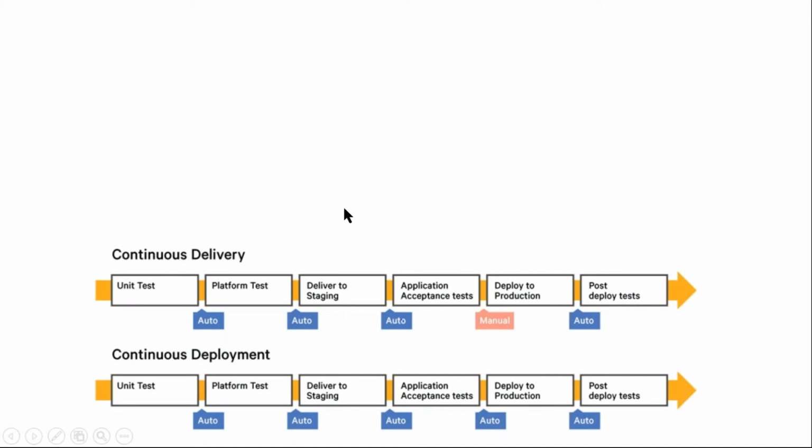So when we come to Jenkins, we understand what continuous integration, continuous delivery, and continuous deployment are. Here is one small picture to understand the difference between continuous delivery and continuous deployment. If you take this first picture: unit testing, platform testing, delivery stage. Between one test and the next, there is automation.